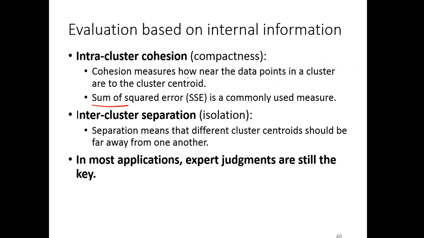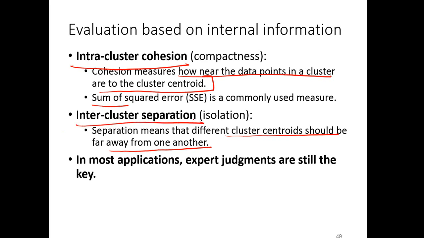You see how near the data points in a cluster are to the cluster centroid, and you also see how different the cluster centroid is from the other clusters. Basically you calculate intra-cluster cohesion, or intra-cluster distance, and inter-cluster separation, or inter-cluster distance.